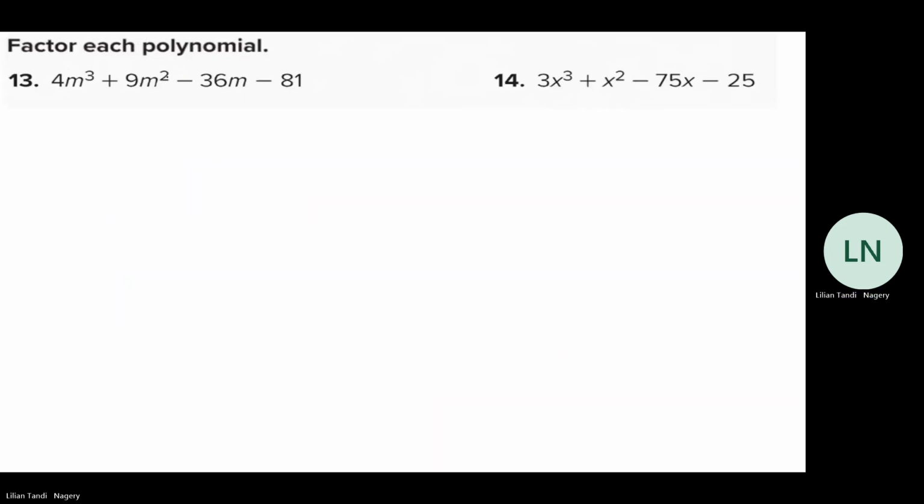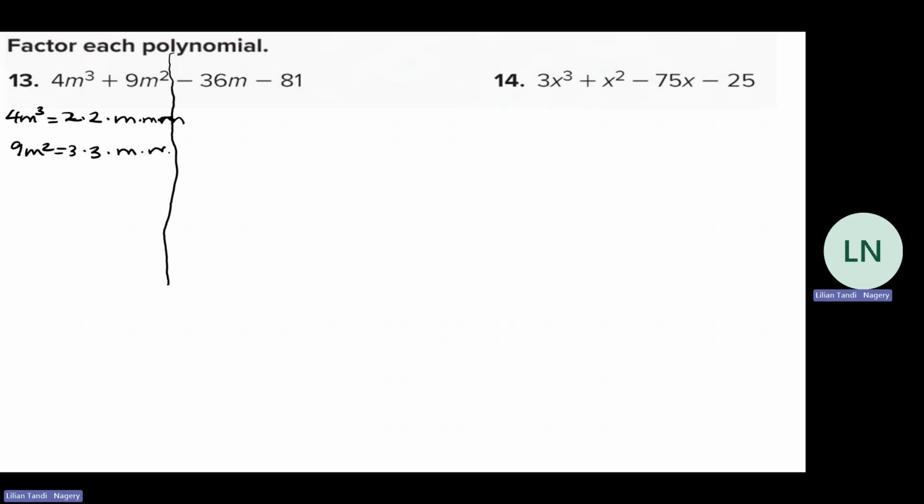Okay, and let's do this one. Break this into 2. You're going to do here 4m cubed and here 9m squared. 4m cubed is 2 times 2 times m times m times m. And then here is 3 times 3 times m times m.